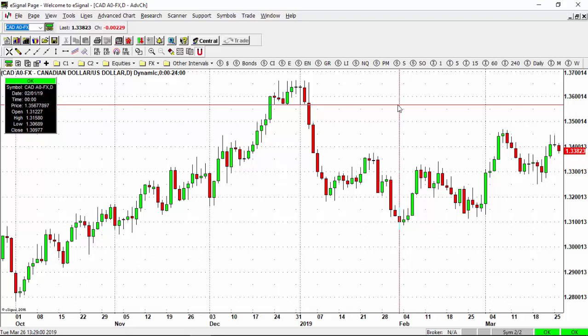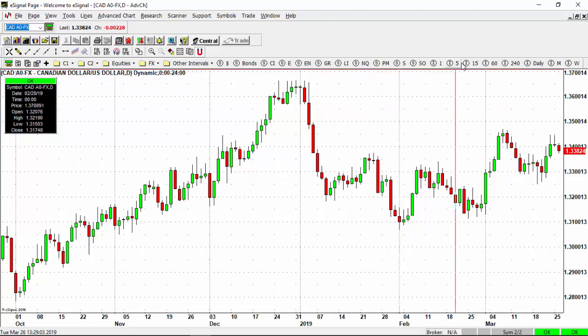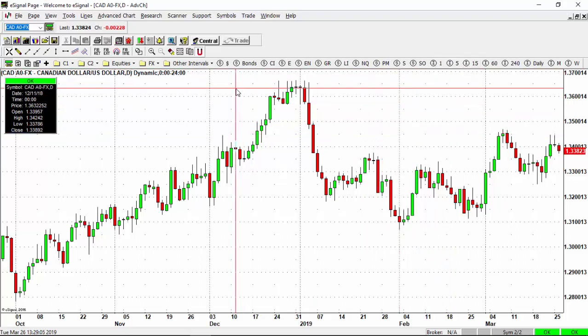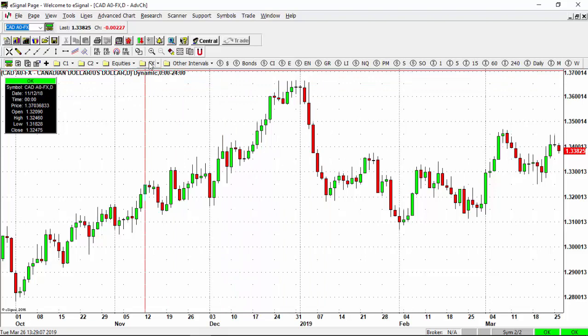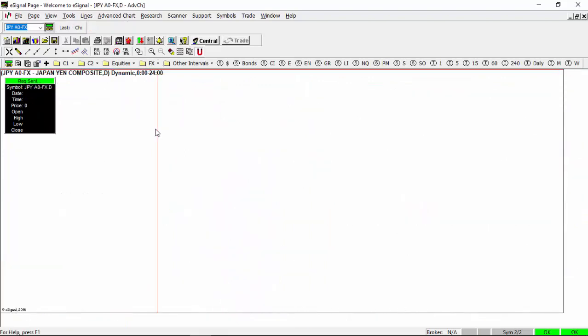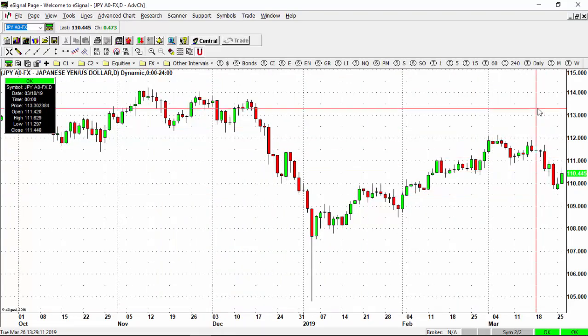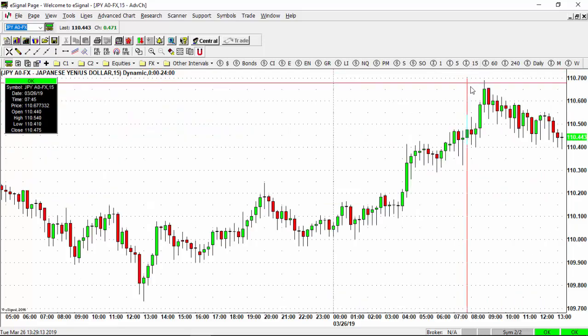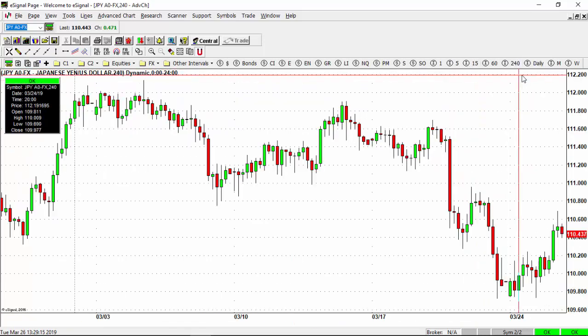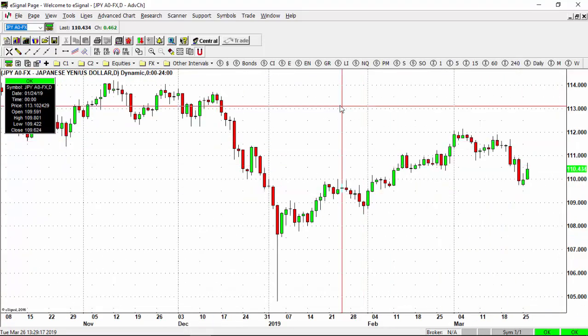When everybody is singing from the same hymn sheet, then we have better setups. The other market that is following is the yen. The yen has lost ground today, in line with what the US dollar is doing.